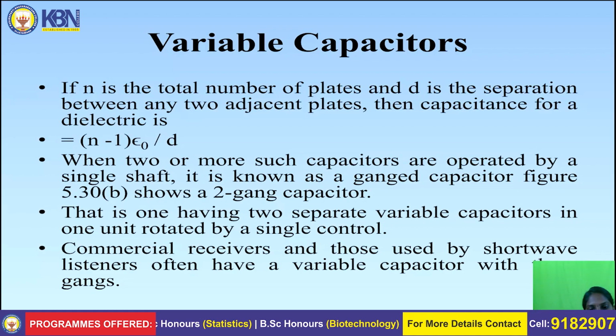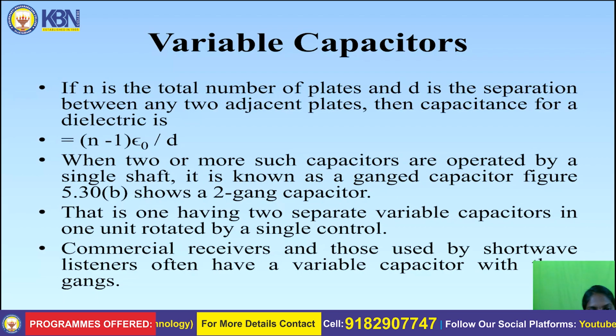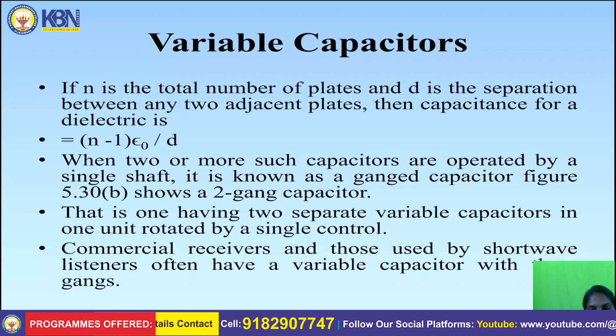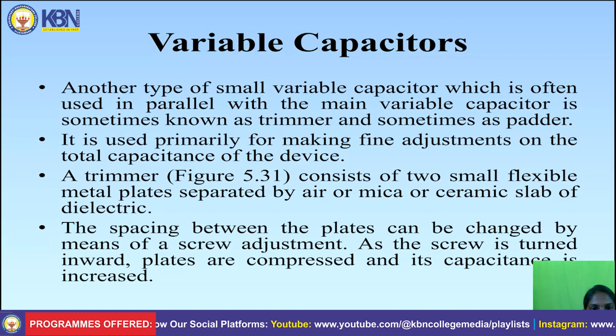Commercial receivers and those used by shortwave listeners often have variable capacitors with two or more gangs. Another type of small variable capacitor which is often used in parallel with the main variable capacitor is sometimes known as a trimmer and sometimes as a padder.